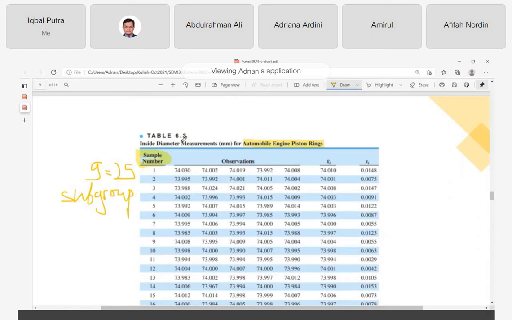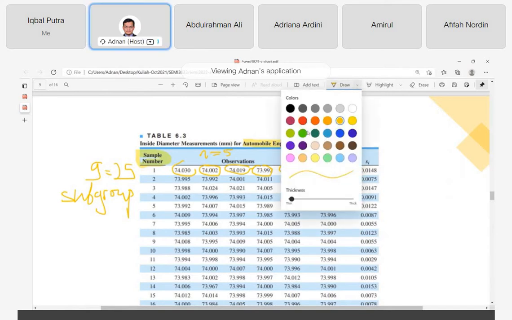Okay, we have here one observation. So let's say sample number 1 we take in the morning, 8 a.m. So we are taking n equal to 5. Sometimes people get confused when calculating the average.